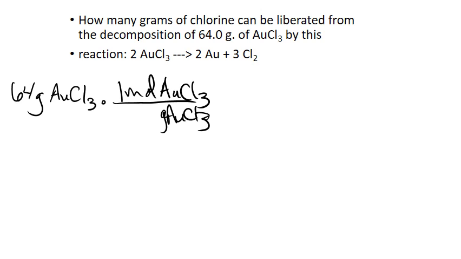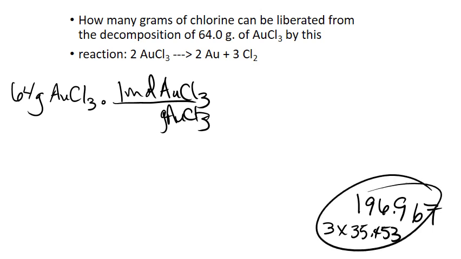We have to use our periodic table and find the mass of gold, which is Au, and I'm going to write it over here: 196.967. And then chlorine, there's 3 of them, so 3 times 35.453, and we add that together and put it over here.